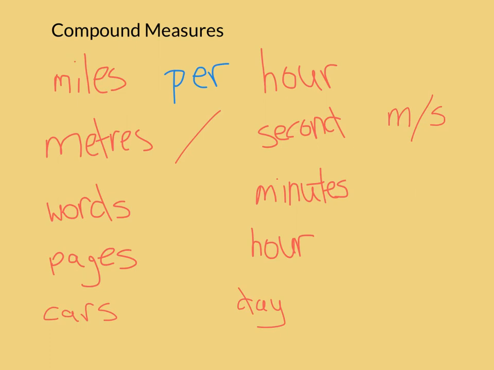Now the way that slash is written is telling you the actual calculation. To figure out the speed in meters per second, you're going to have to do the number of meters divided by, that's what that slash means, the number of seconds. So your unit tells you the calculation that you have to do to find it out.